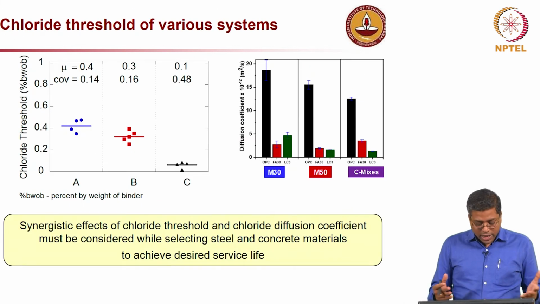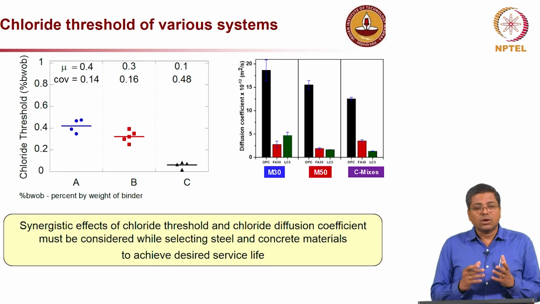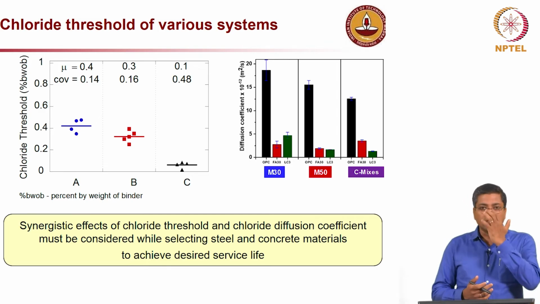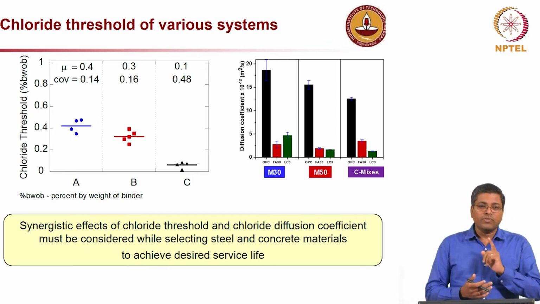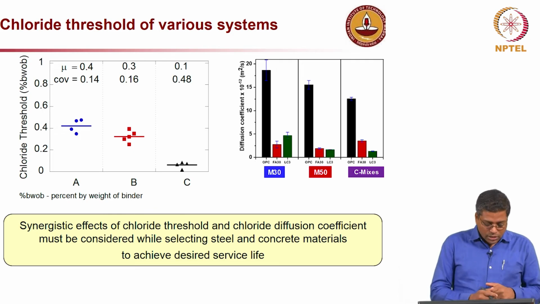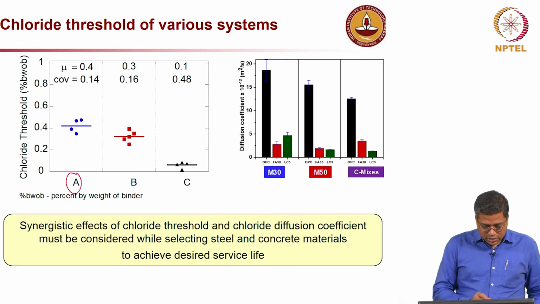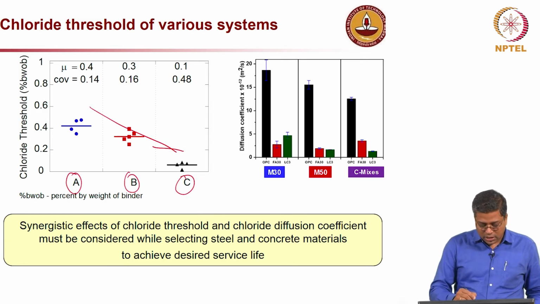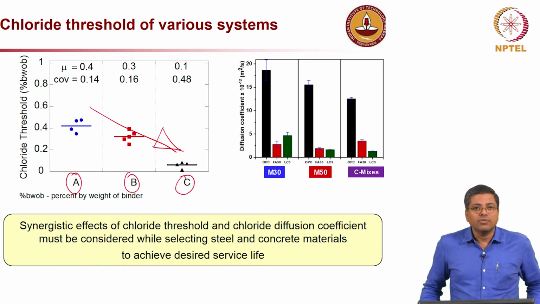Now, likewise we have determined chloride threshold, and you can see the chloride threshold is not just a function of the steel, it is also a function of the type of the cementitious system used. As you see here, there were 3 systems used, A, B, C. We can very clearly see there is a reduction in the chloride threshold as a function of the type of cementitious system.